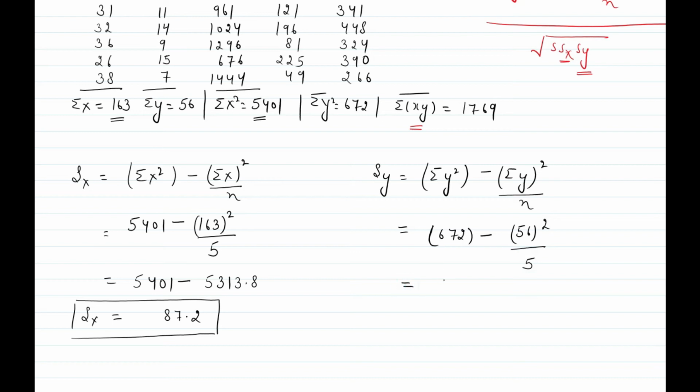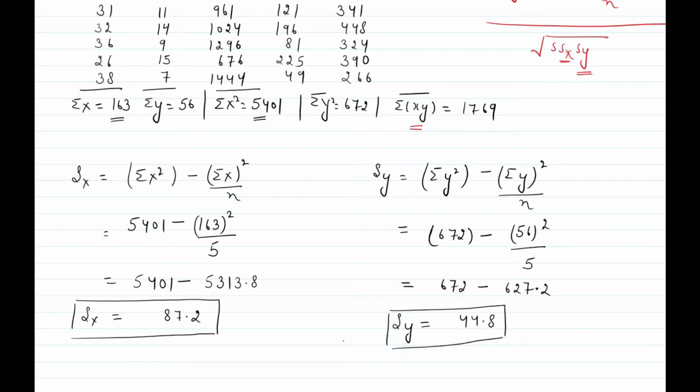So 672 minus 56 squared divided by 5 comes out to be 627.2. After subtracting, we get 44.8. That is our value of sy, that is the standard deviation of y.